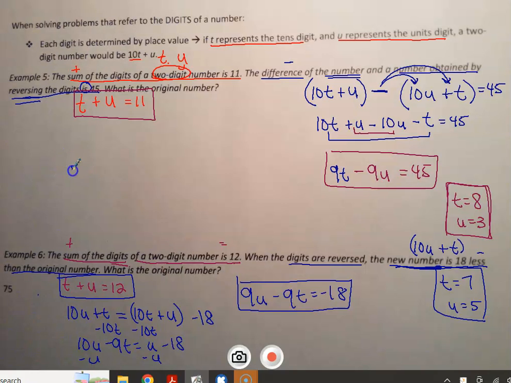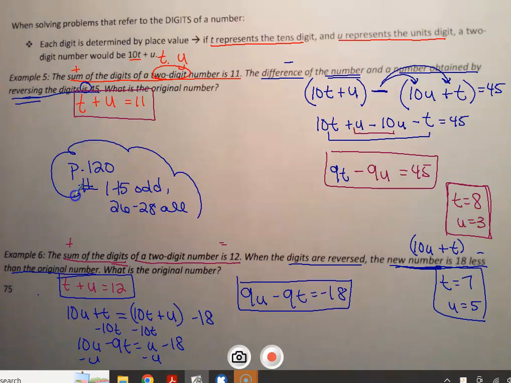All right, so homework is going to be page 120, and I want you to do numbers 1 through 15, odd, so you don't have too many problems, and then I want you to do 26 through 28, all. So I know there's a couple even in there, you can't check your work, but page 120, numbers 1 through 15, odd, 26 through 28, all, to solve for those.